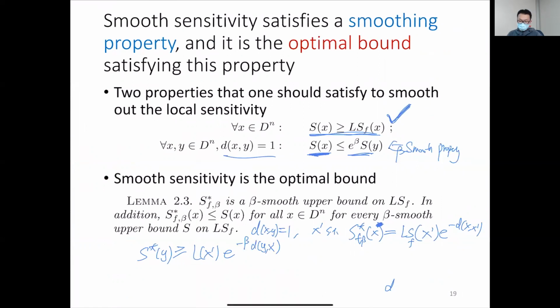Using the fact that x and y differ by at most one coordinate, and the fact that there's a triangle inequality for this Hamming distance, we can further show that this is lower bounded by L, the local sensitivity, times e to the minus beta d(x, x prime) minus beta.